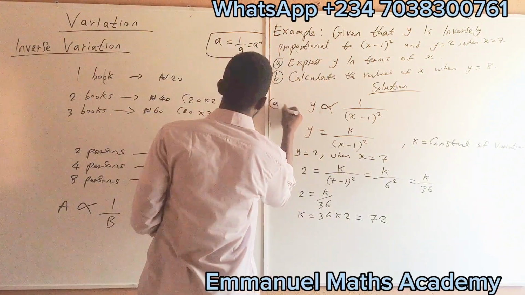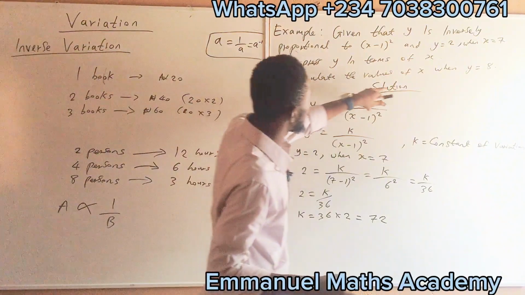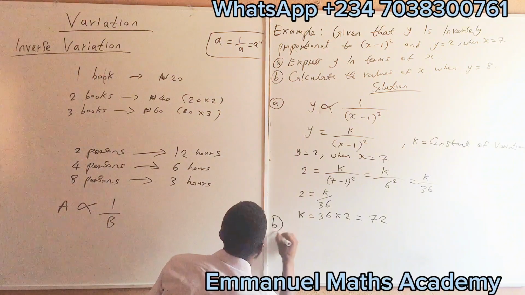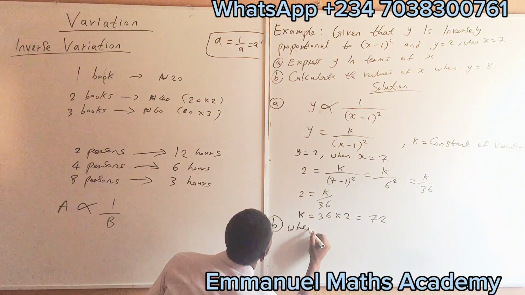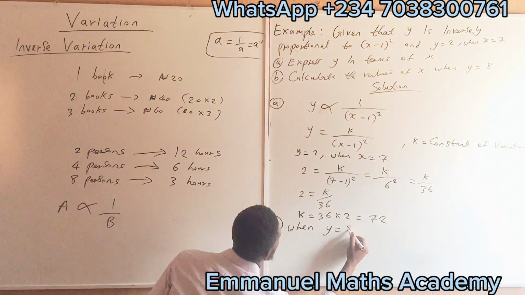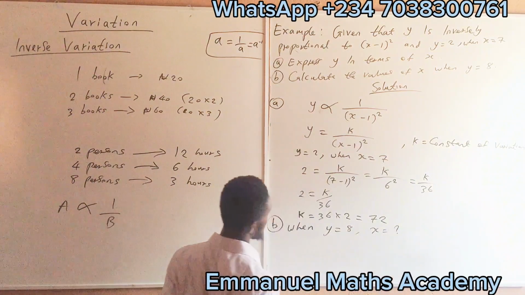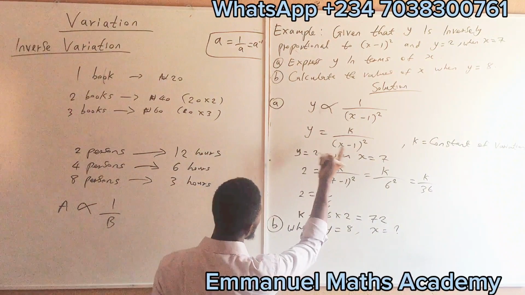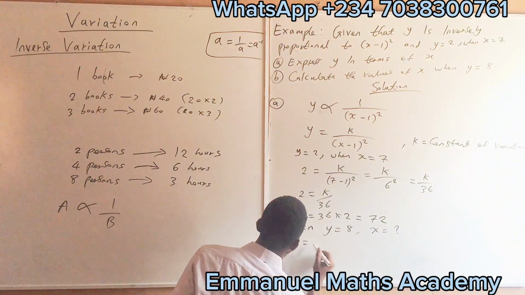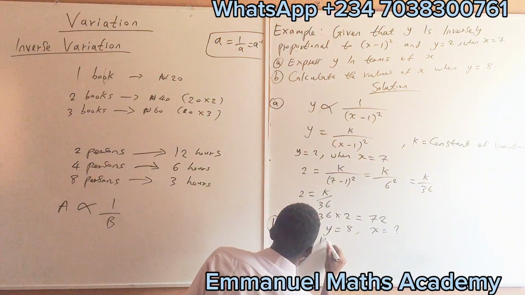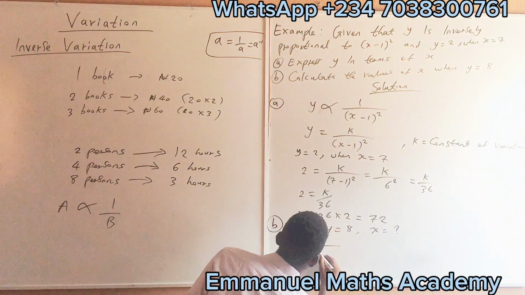This is the A. Now for the B, calculate the value of x when y is equal to 8. Your B, when y is equal to 8, then x is unknown. Is that correct? That means from the equation here, we have that y is equal to k over x minus 1 raised to power 2.